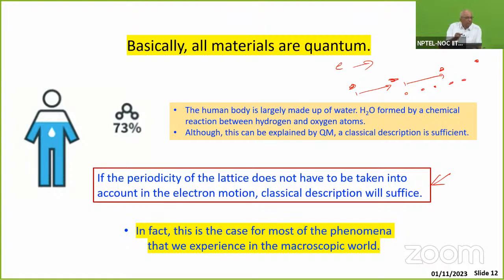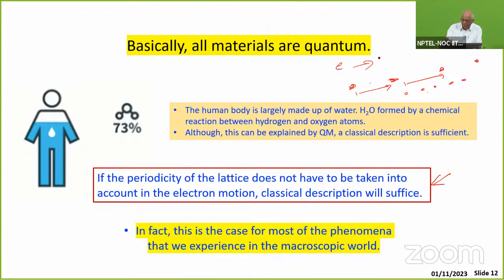What would be the condition for you to decide that this may not affect, while this will affect? If we take a wave function and the wavelength, they are kind of interacting.